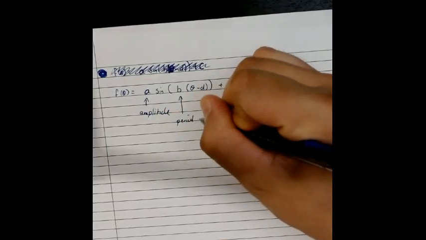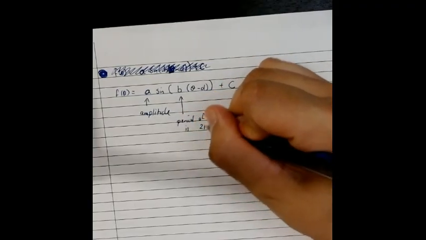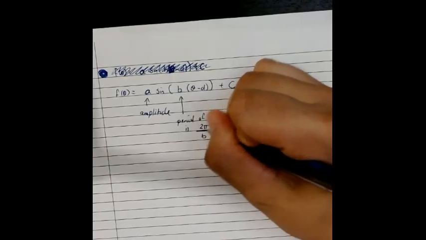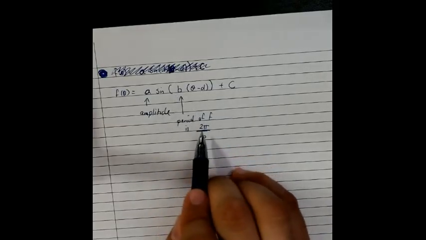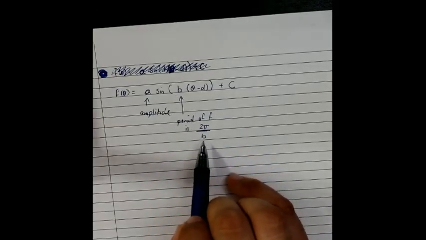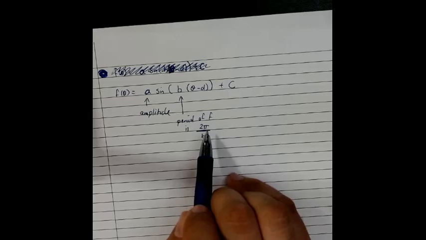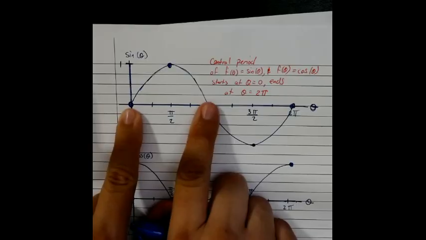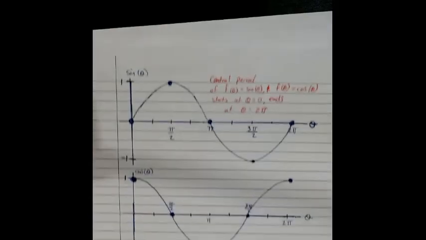The period of f is 2 pi divided by b. So if b is the number 1, then the period is 2 pi, the way it usually is. But if b is, for example, the number 2, 2 pi divided by 2 is just pi. So now instead of a period of 2 pi, it's only a period of pi. The whole thing moves closer together. The whole thing gets narrower.